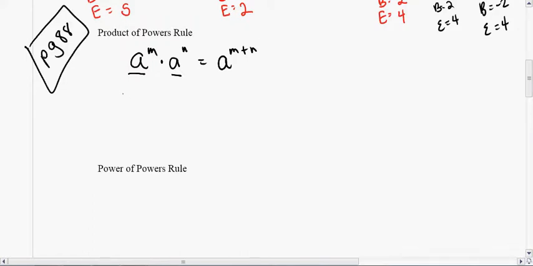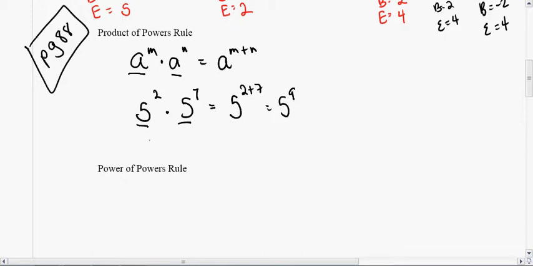And a real-life example of that would be 5 squared times 5 to the 7th. So our bases are the same, right? They're both 5. And to get the answer, we would just add the 2 and the 7, the powers, together. So it would be 5 to the 2 plus 7, or 5 to the 9th.